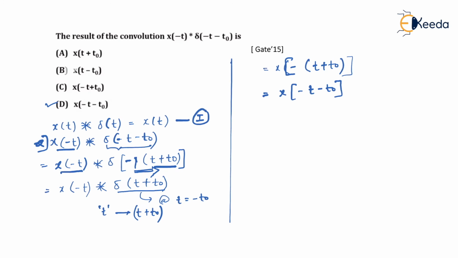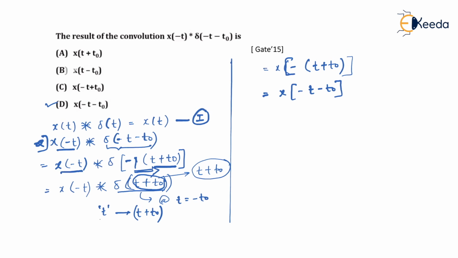Whenever we convolve with an impulse signal, you have to see what is the argument of the impulse signal. I repeat, whenever you are convolving any signal with a del function, you have to see what is the argument of the del function. Argument is something which is written inside the parenthesis. Remember, these brackets are called parentheses. So what was written inside it? It was t plus t naught.